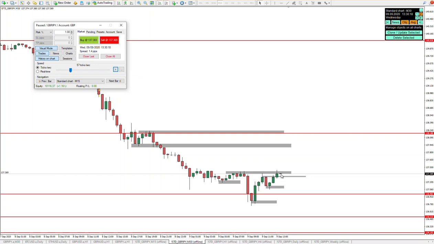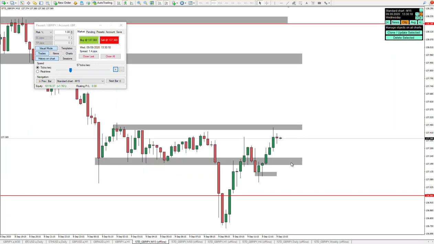M30 closed bullish with a higher high, but it closed at resistance, which is not good enough. Still, let's see, on M15 we have two bearish closing candles.